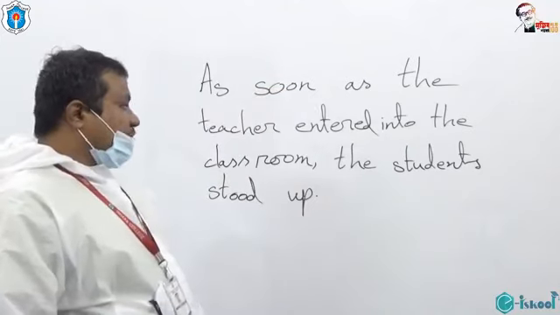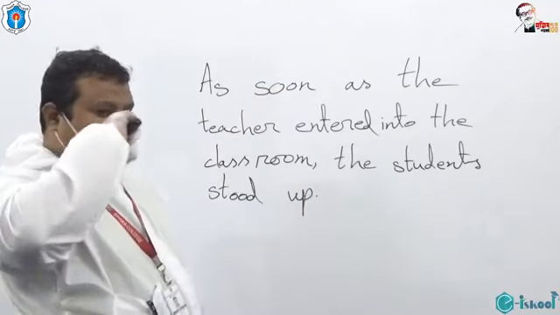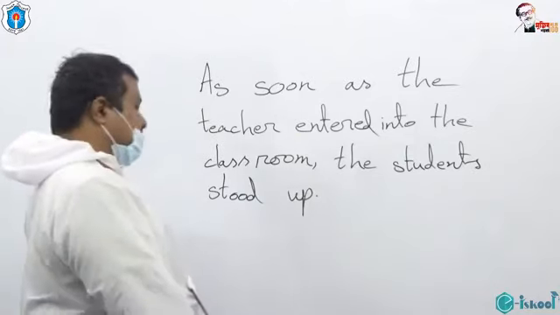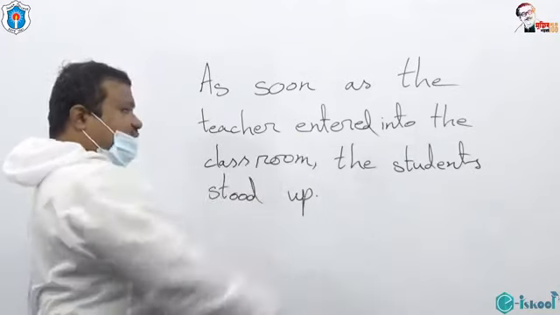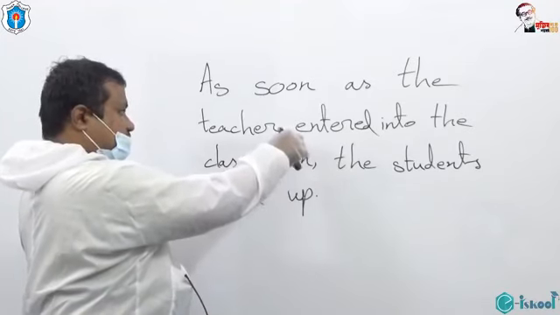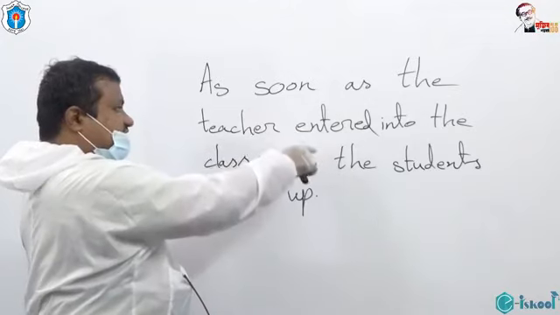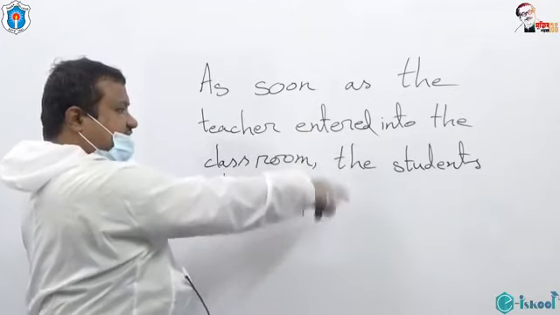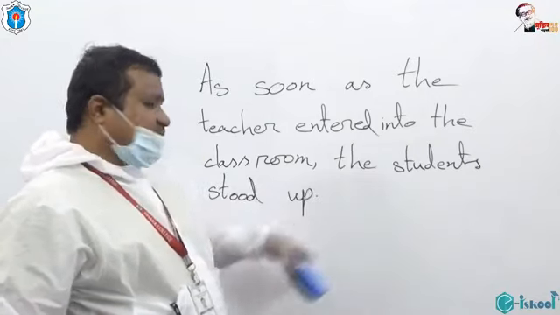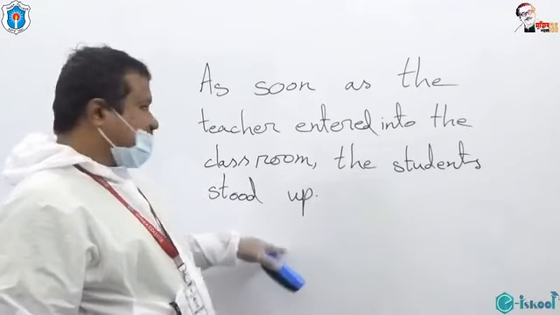Here we have to keep in mind that there will be unity of tense here. So the clause with as soon as, if it is in past tense, of course the clause after this comma will also be in the past tense.